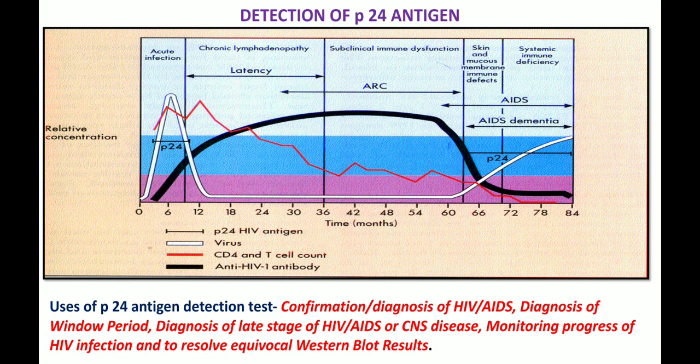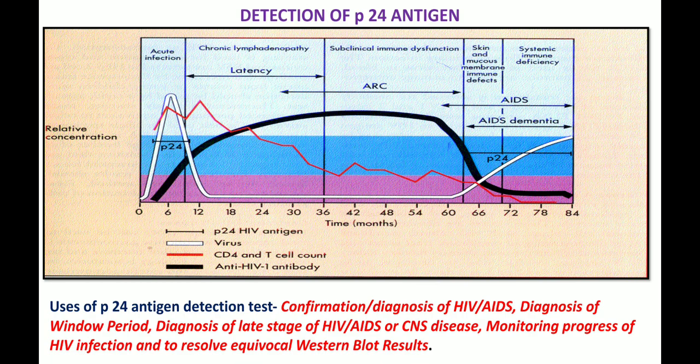This is the timeline of infection, and you see P24 antigen is detected in this early stage, and again in the later stage also the P24 antigen is detected. Usually this antigen is detected, as I mentioned earlier, by a fourth generation ELISA.